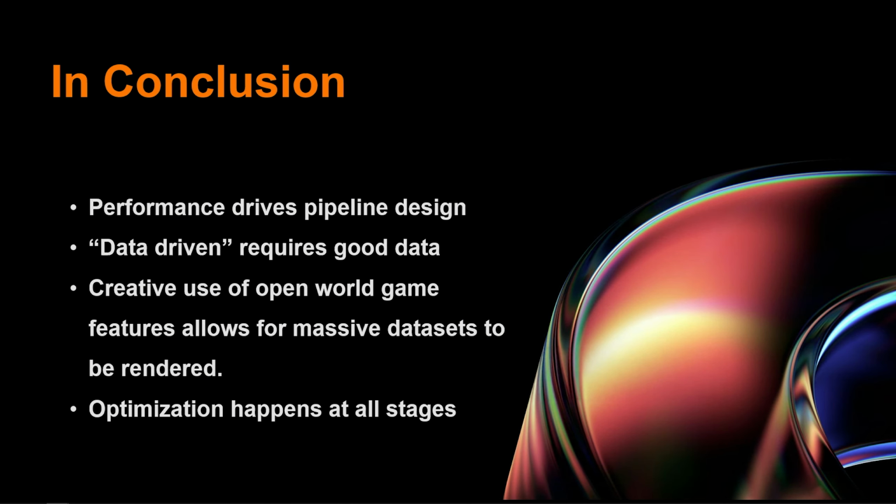So to wrap things up, really, performance and philosophy really drive the pipeline design. And planning that out in the beginning is critical. You need to know what you're going to be doing to design something that's going to work well. And in this case, we had to start with performance first because of just the pure density of this project.